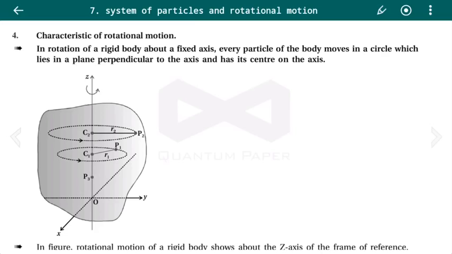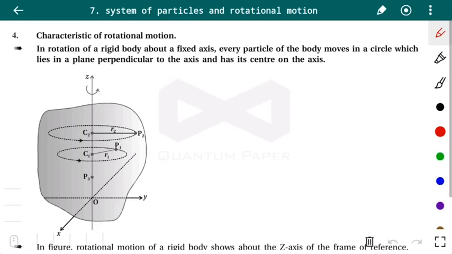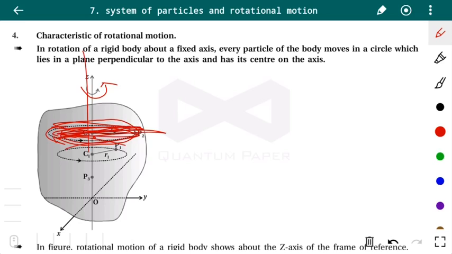That we have discussed earlier: if we consider any particle of an arbitrary shaped object whose rotational axis is along the z-axis, then all the particles that are rotating make a circular path, the center of this circle is on the rotational axis, and the plane of this circle is perpendicular to the rotational axis.